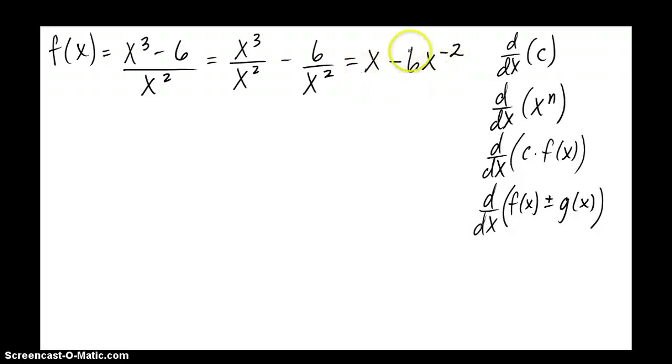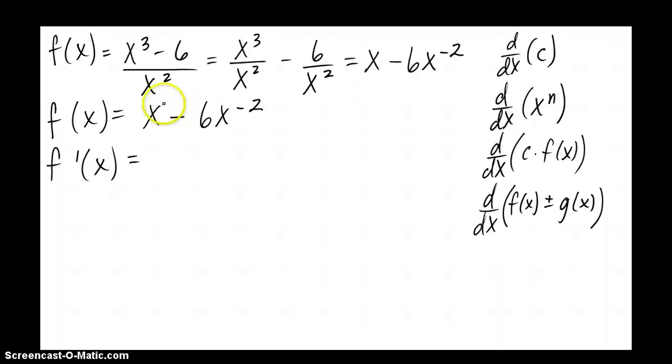So now when I go to find my derivative, I have a rule that applies. If f of x is x minus 6x to the negative 2, then the derivative of x to the first power is 1 plus 12x to the negative third, and then just writing that with positive exponents.